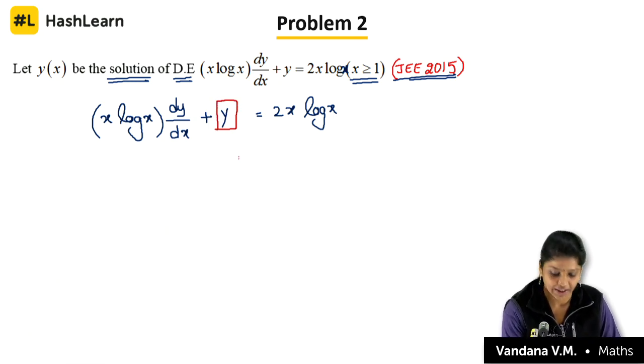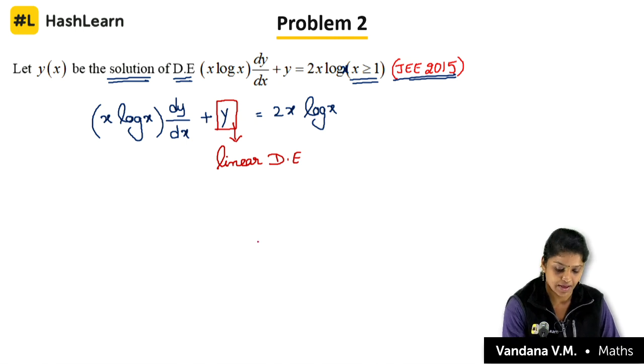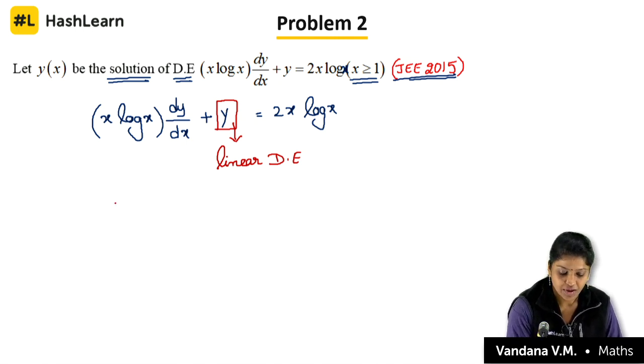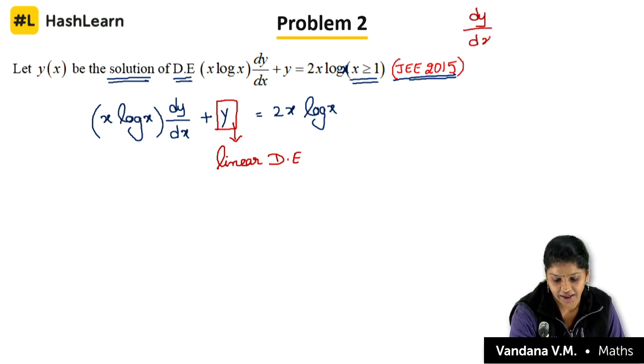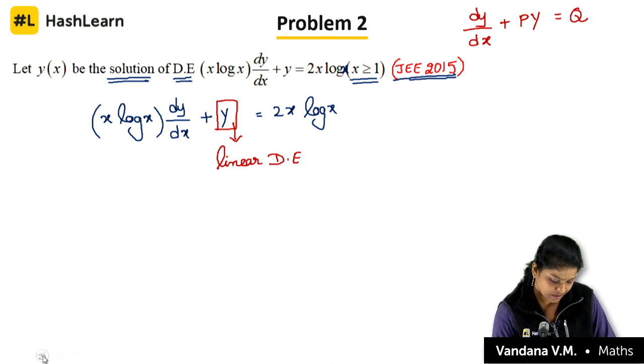Only one y means it is a linear differential equation. Okay, so it must be in the form of dy by dx plus py is equal to q.